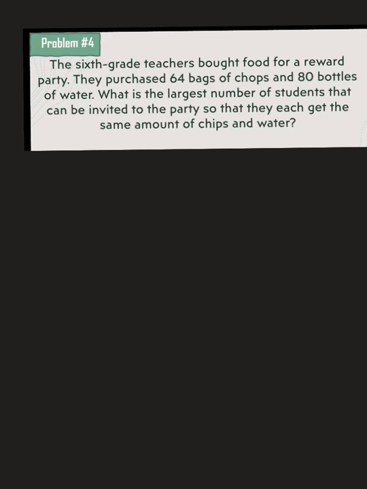Well, our key word here is largest. If we're looking for the greatest or largest number, that means we're looking for GCF, our greatest common factor. So our two numbers are 64 bags of chips and 80 bottles of water.